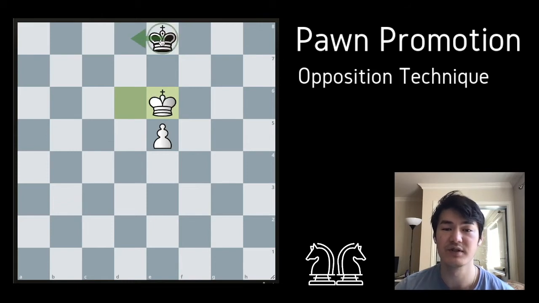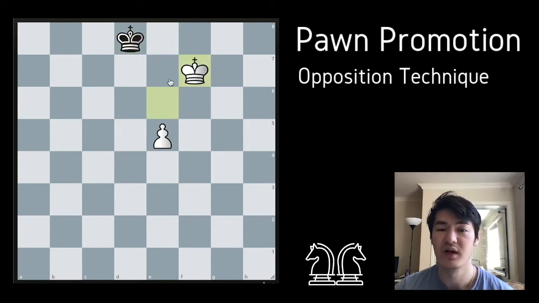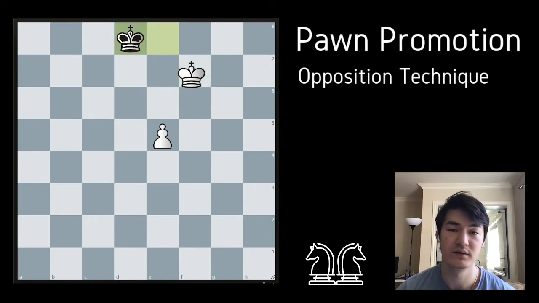Now, the black king has only 2 options to move to, as our king is protecting these 3 squares. And it doesn't really matter which square they go to. If they go to this square, you will go to f7. Again, you want to go to this golden square to help promote this pawn.